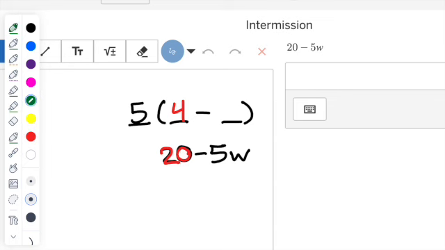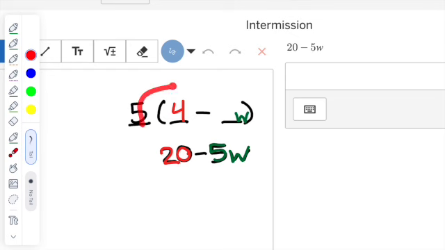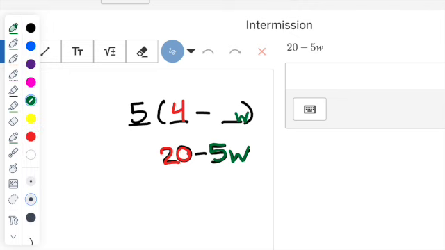The next one I'm going to do is undistribute that 5W. We know the W is going to be here, so that's going to stay. 5 times what would give me the 5? Well, 5 times 1 gives me 5. And you can actually write this as 5, 4 minus W, because there's only one W.